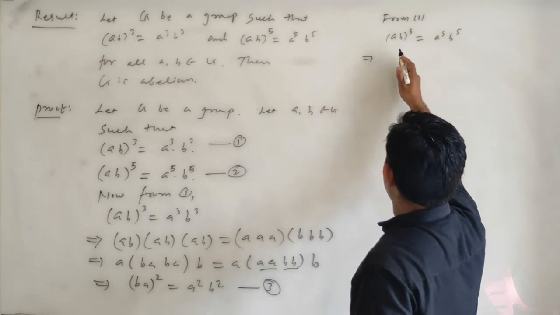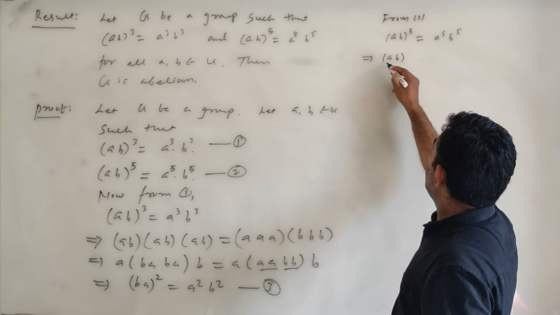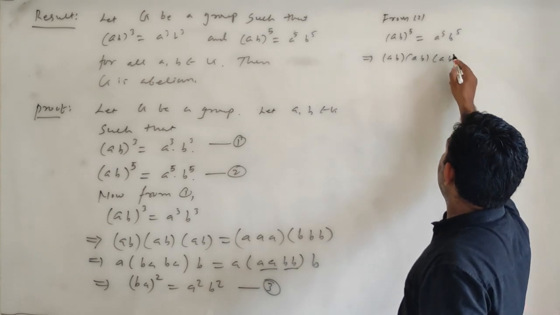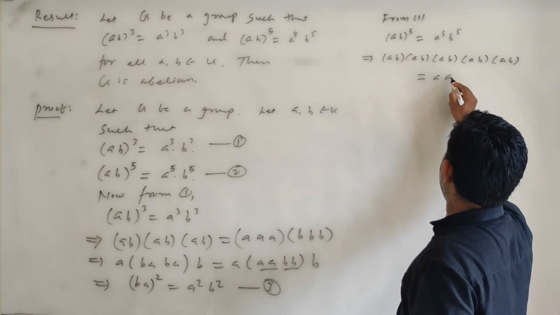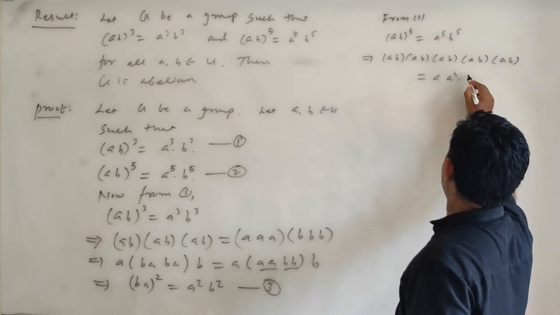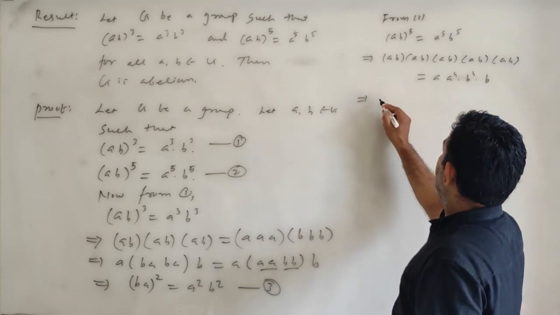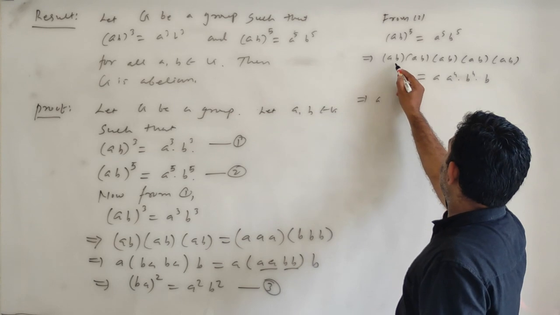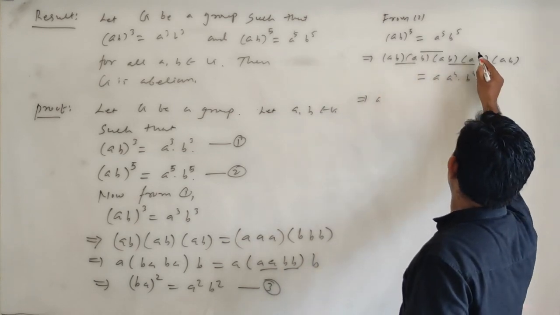(AB) five times is equal to A into A^4 into B^4 into B. So you make this pair like this: A, and now you keep this BA together, BA, then BA and then BA.